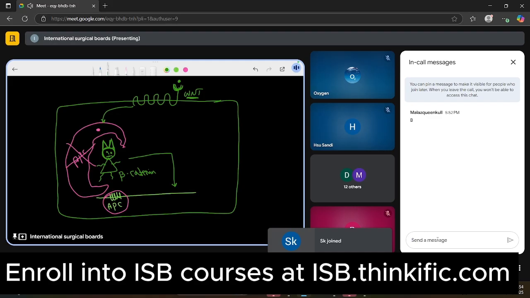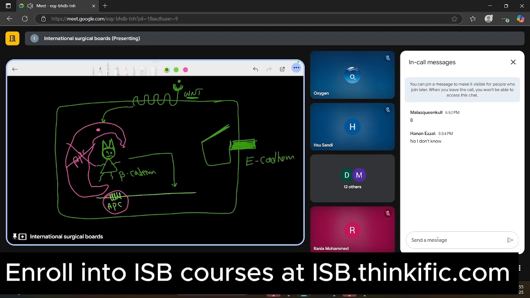There is another protein, I'll draw this protein here. This protein is a basket, and it has a gate, and it has a transmembrane domain. This is called E-cadherin.